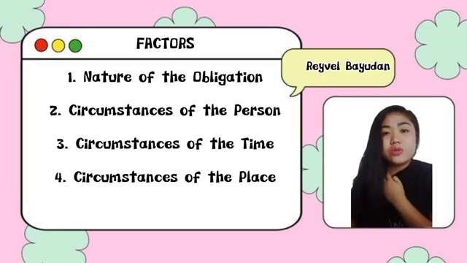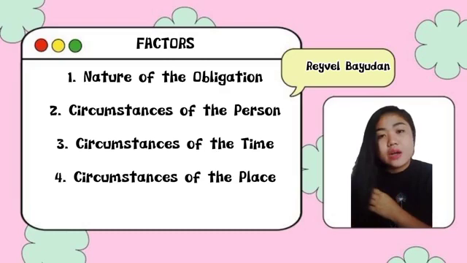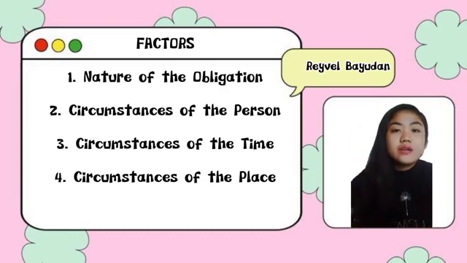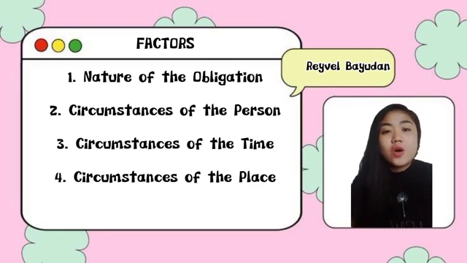So, sino yung masisisi? Siyempre, ikaw. Kasi alam mo na ngang inflammable yung hawak mo, bakit ka pa magsisigarilyo, di ba? Meron ka na ngang obligation, pero bakit hindi mo pa kayang gawin? So, yan yung tinatawag nating nature of obligation.